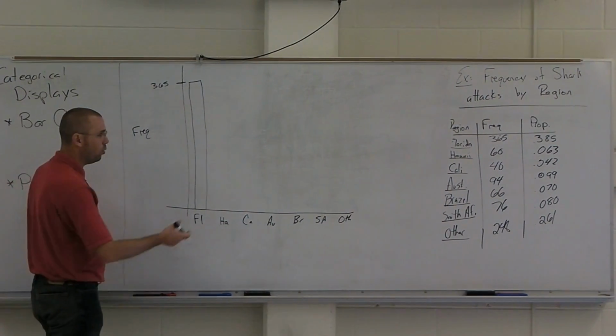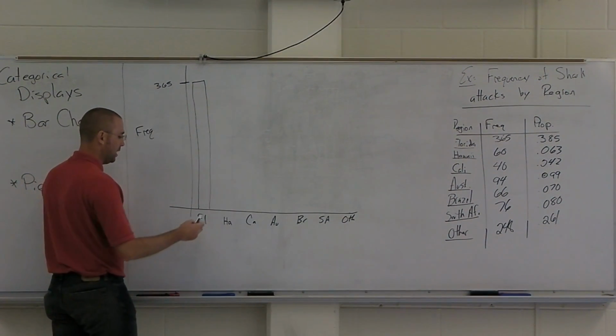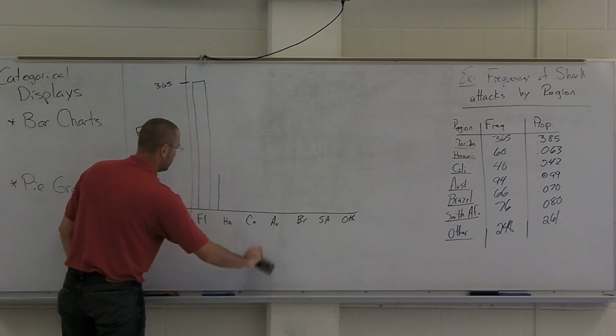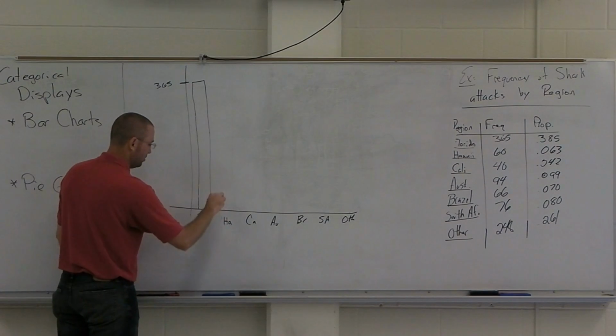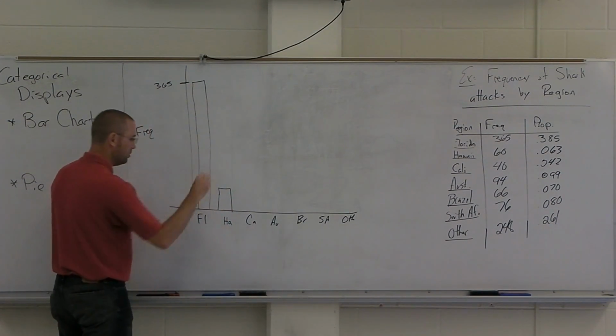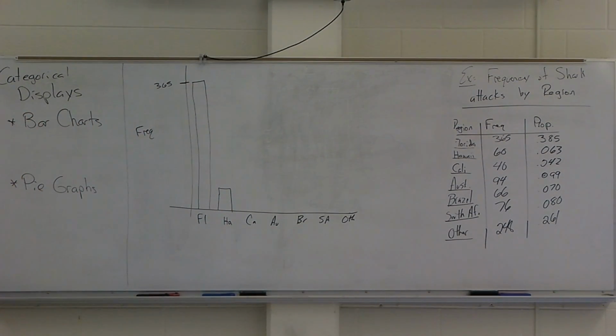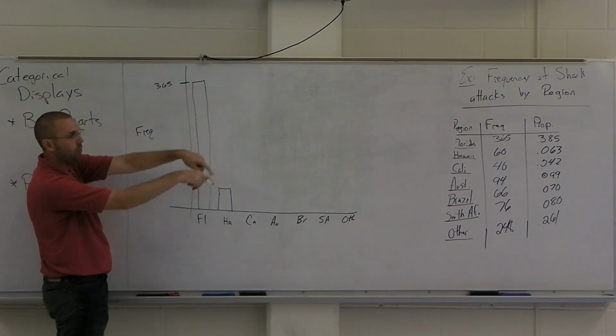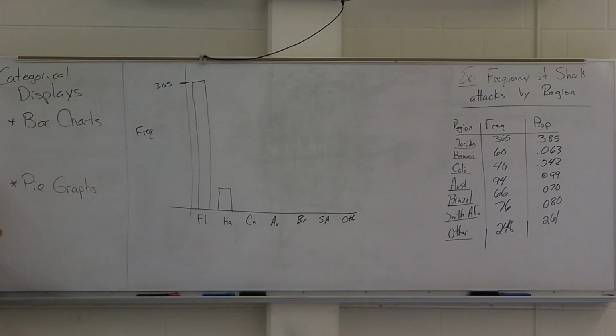Hawaii, well, now Hawaii is only 60, so that's what, about a sixth of the size? It's not a sixth. Right about there. There's Hawaii. And I keep going. And I try to make my bars as proportionate to this one as I can based on their relative size. And that's all that a bar chart is.